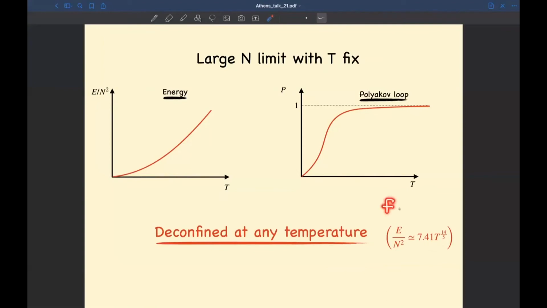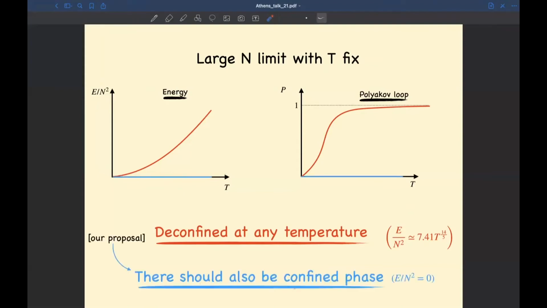And when the free energy goes like n squared, it means that we are in the deconfined phase. But our proposal is that the confined phase should exist as well, which means that both the energy and the Polyakov loop should be 0. And later, as Masanori said, I will provide some evidence that indeed we have this phase here.